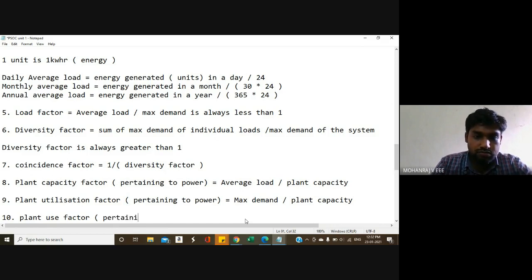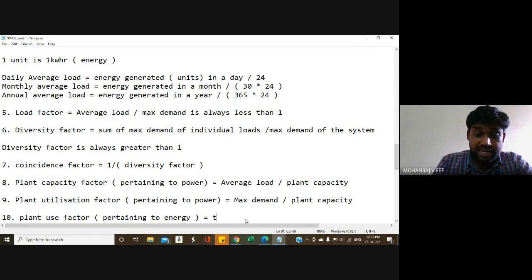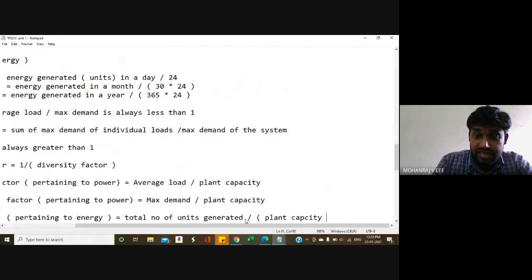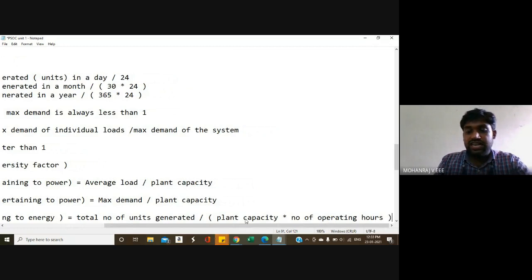So plant use factor is equal to, since we are dealing with energy, the total number of units generated by the plant divided by plant capacity into the number of operating hours of the plant. That is known as your plant use factor.